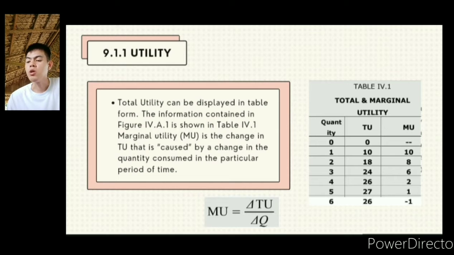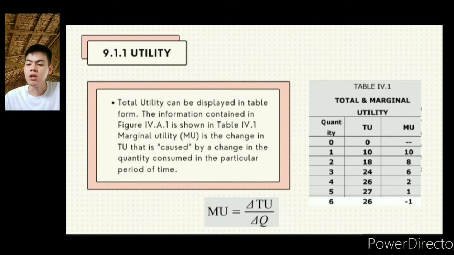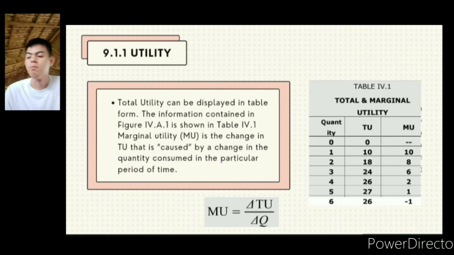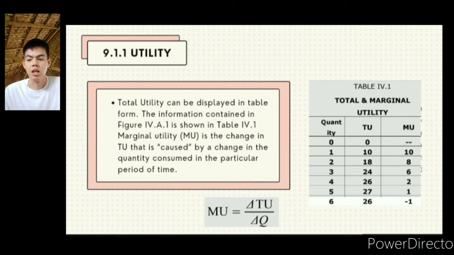In table 4.1, we see the quantity, total utility, and marginal utility. As I said, the information in the table was contained from the previous figure. How about the info in the row of marginal utility?